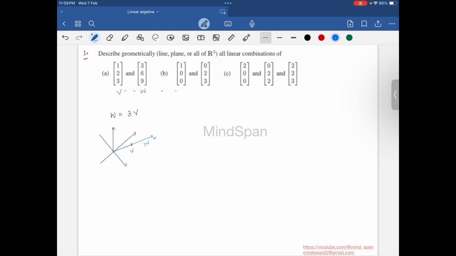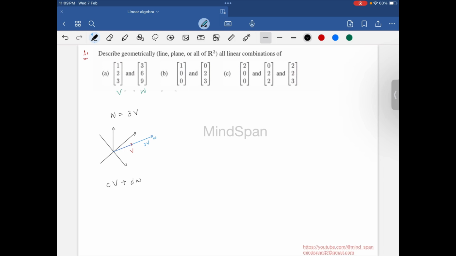Now we have to look at the linear combination of this W and V. If I ask you how you are going to give me the linear combination, you will simply scale the V vector by some constant, and scale the W vector by some constant, and add them up.